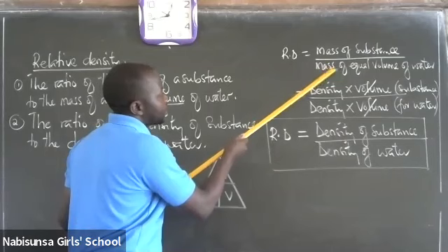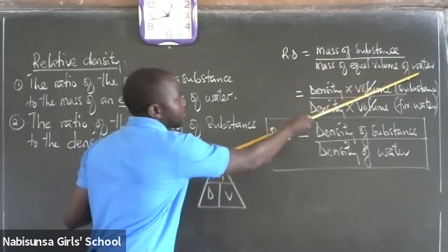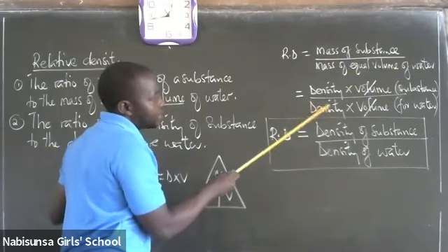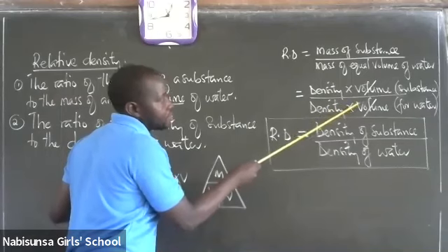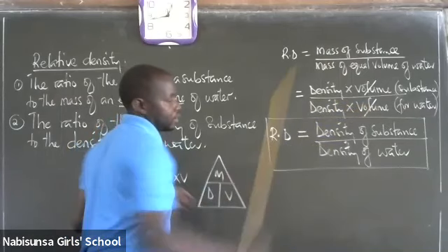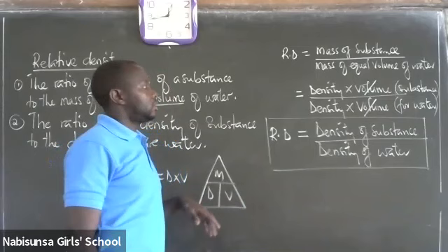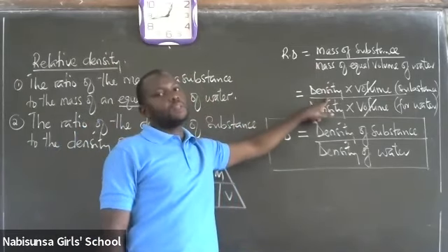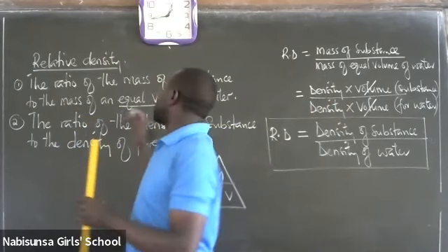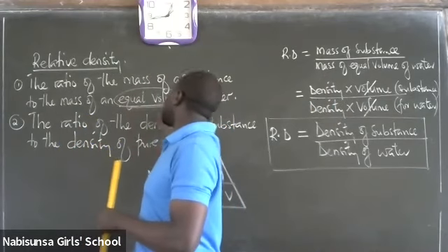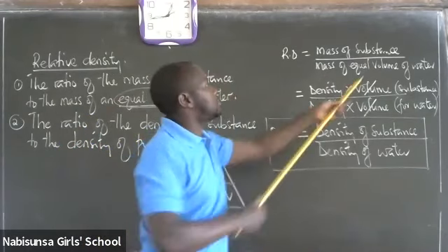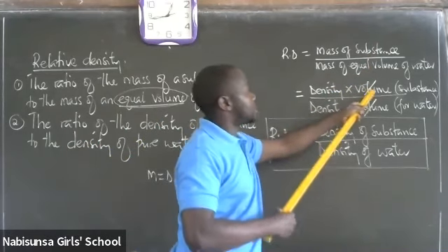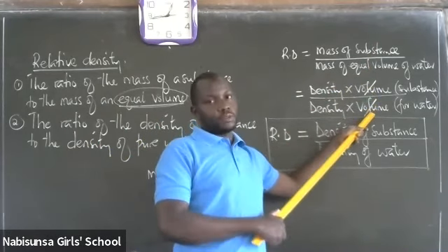Likewise, where there is mass of equal volume of water, we are writing the density of water times the volume of water. So this formula became this. And then we said, since the definition was talking about equal volumes, then this volume must be the same as this volume.